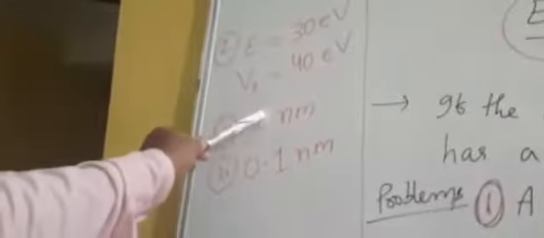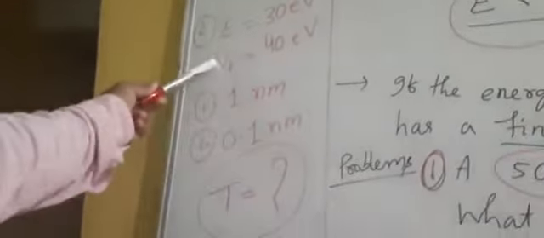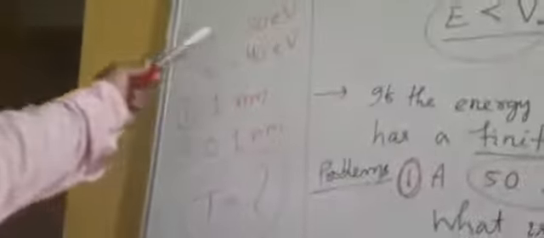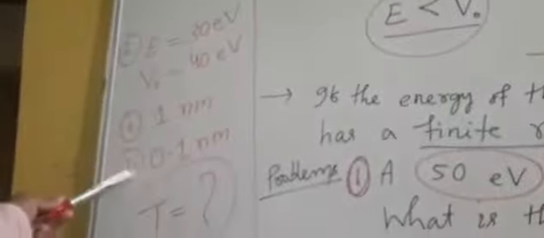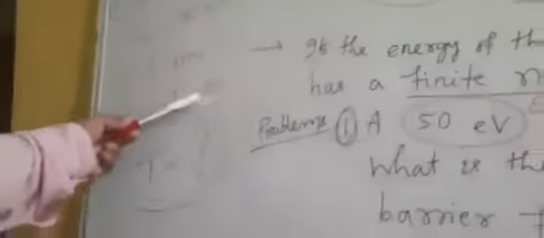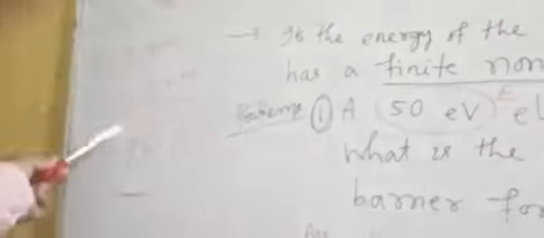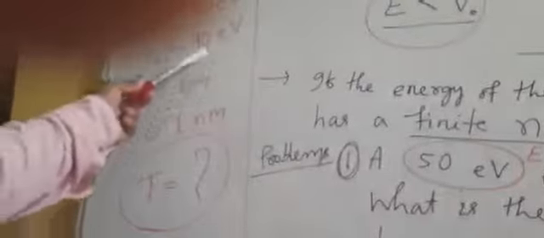Find the transmission probability in both cases and compare. Again I am repeating the question: energy of the particle is 30 electron volt, barrier height is 40 electron volt, barrier width is 1 nanometer in the first case and 0.1 nanometer in the second case. Find both transmission probabilities and compare the result.